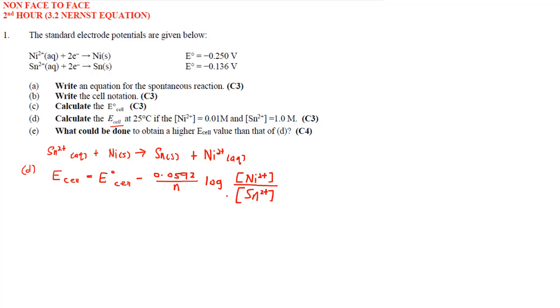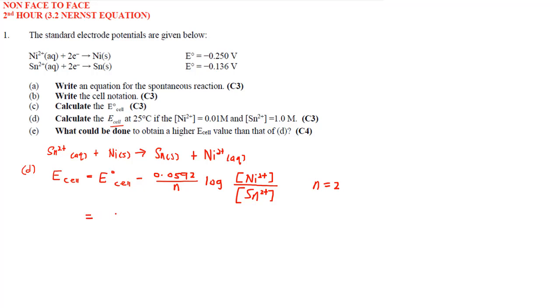Okay, so E naught cell kita dah kira dekat bahagian C tadi. Okay, and number of electron, bila kita buat overall equation, kita dah tentukan kita punya bilangan elektron tu sama dengan 2 lah. Okay, so we just substitute the values lah.